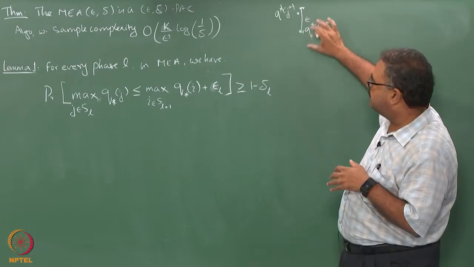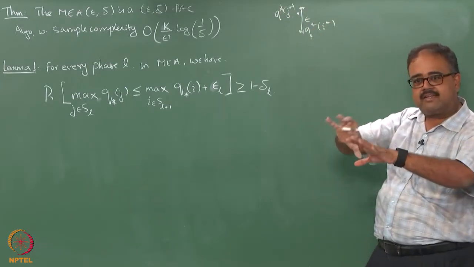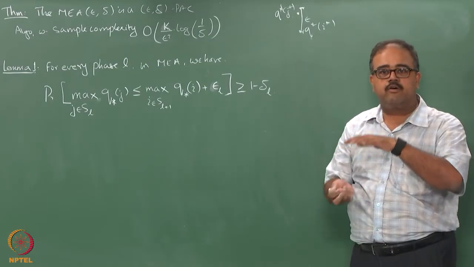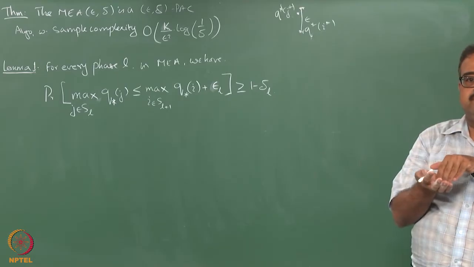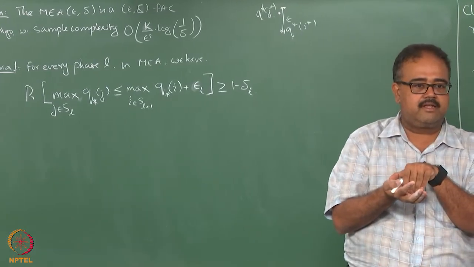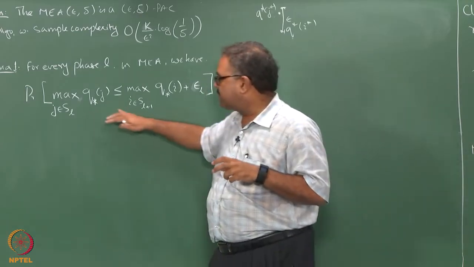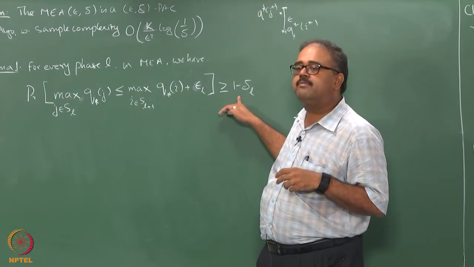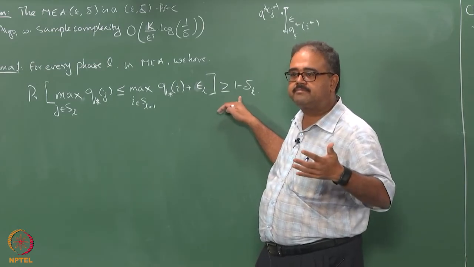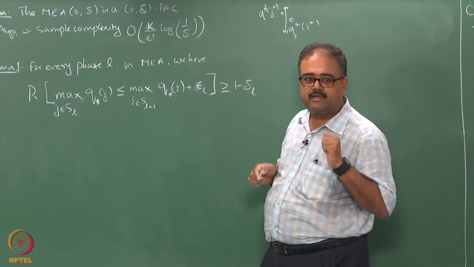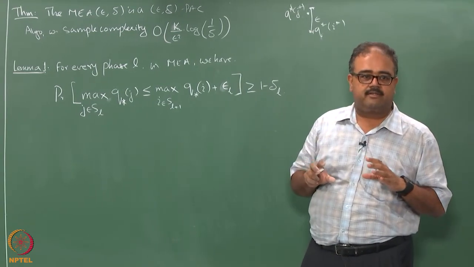If you add an epsilon to this lower value and the higher value is actually less than that, then it is an acceptable situation because the lower value is within epsilon of the higher value, correct. So this is a good outcome. So I am saying the probability of the good outcome is at least 1 minus delta, that means the probability is high, okay. Does that make sense? The probability of the good outcome is at least 1 minus delta, okay.